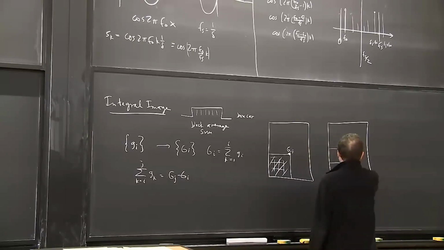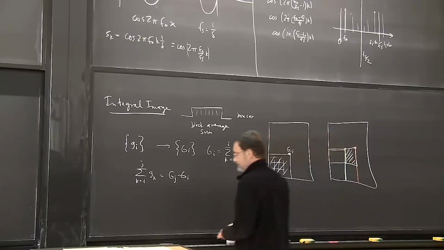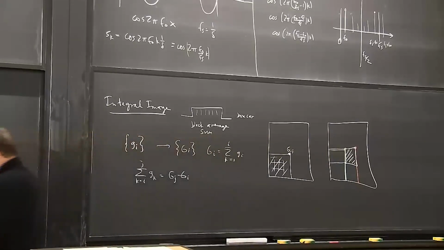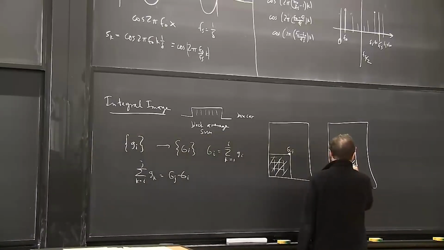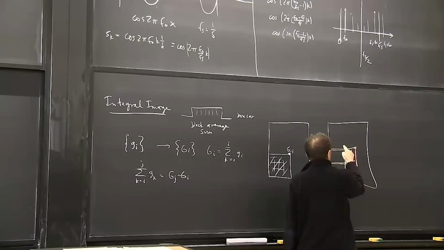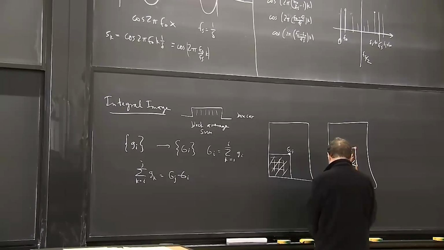Then I might take the total at this corner, and that's the sum of those. Well, maybe I shouldn't subtract the blue one. Get one more color. But I need to get rid of that bottom part, so maybe I can subtract this one. Now, if I subtract the green and the orange from the red, I subtracted the blue one twice, and so I need to add it back in again.